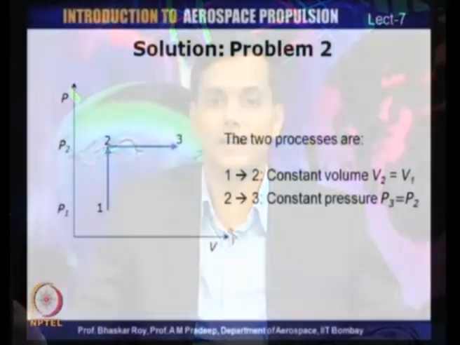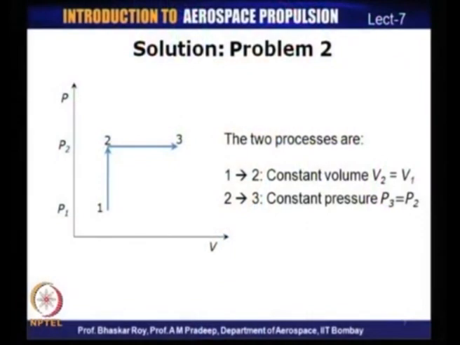As I mentioned, one of the first things that we can do is to draw the process diagram, that is the process path. In this example we have a PV diagram, and the system was initially at state 1, and state 1 to 2 is a constant volume process.